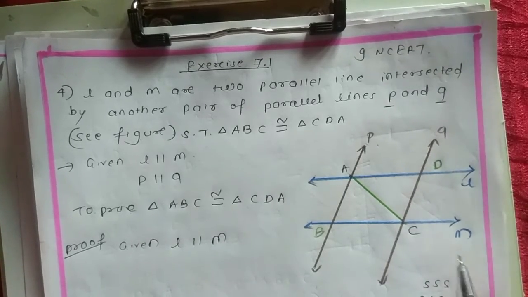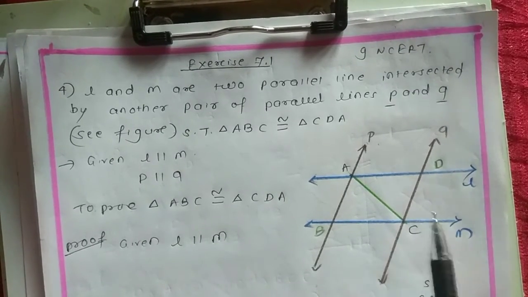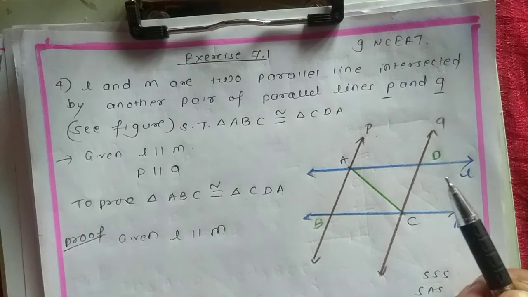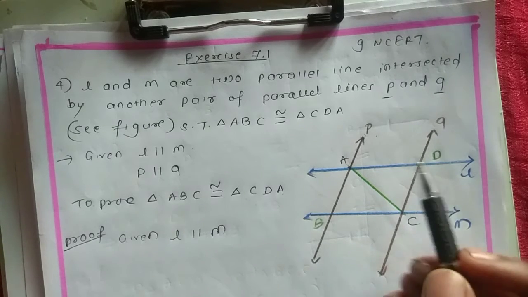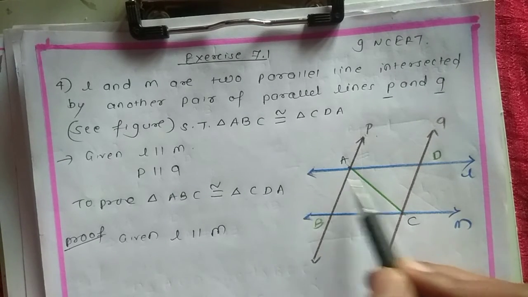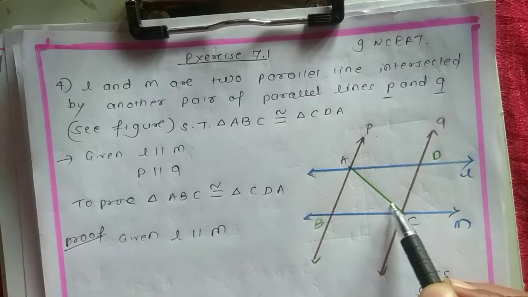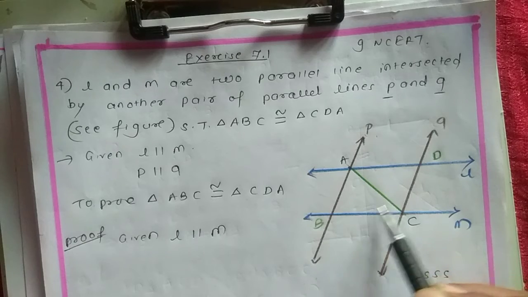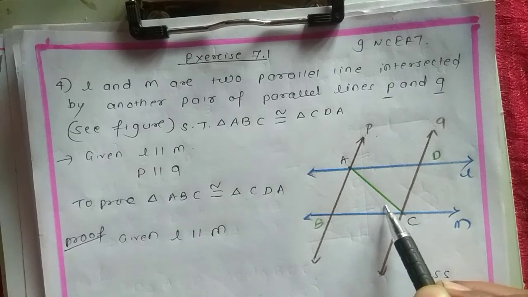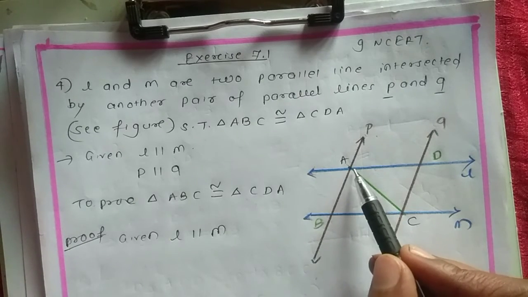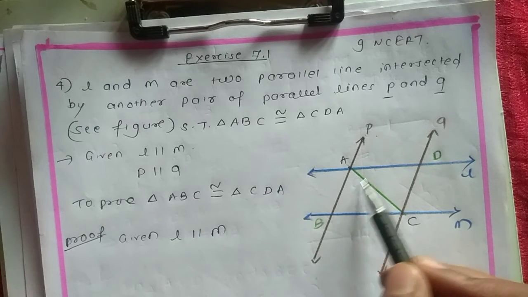Whenever there is a transversal, we know that alternate interior angles are equal. So these are interior angles, and these two are alternate interior angles. You cannot say directly angle A, because A is shared between so many angles.